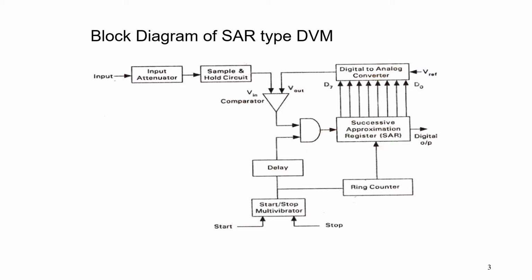DVMs have various features such as speed, automation, operation, and programmability. The DVM displays AC and DC voltages as discrete numbers rather than as a pointer on a continuous scale as in an analog voltmeter.